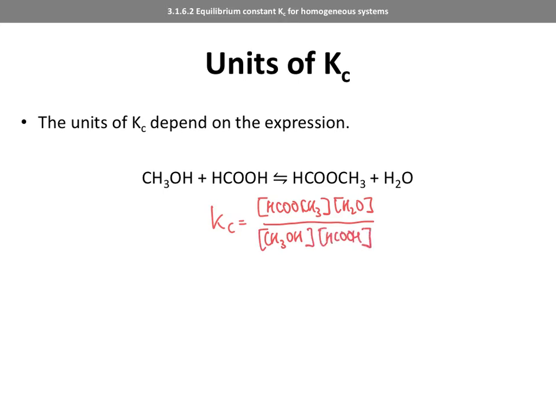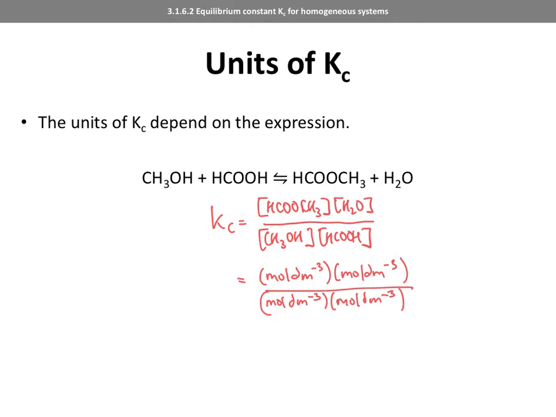Now, let's just focus on the units. Each one of those square brackets is concentration, so each one is moles per decimeter cubed. So we can have moles per decimeter cubed times moles per decimeter cubed, all over moles per decimeter cubed from the methanol, and moles per decimeter cubed from the methanoic acid.